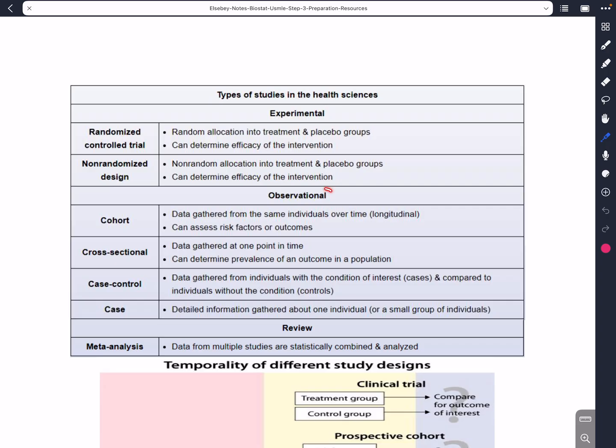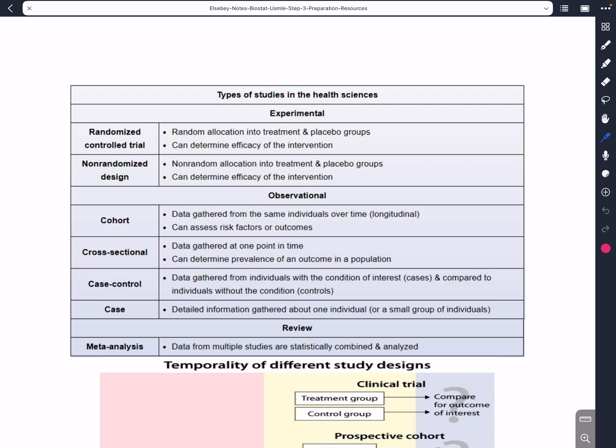Let's look at observational studies, very high yield observational studies. Cohort study is when data is gathered from same individual over time, and it's a longitudinal type of study. And you can assess risk factor or outcome.